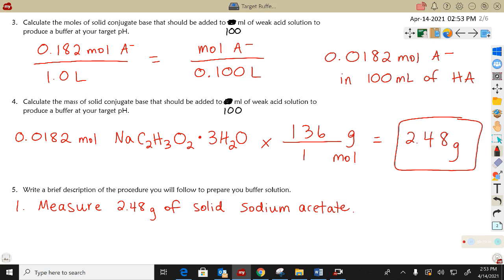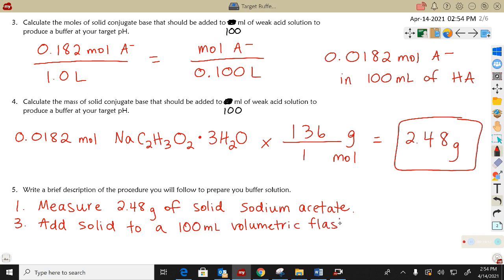Now we want to make the solution as accurate as possible, so I'm going to say in step 3, add the solid to a 100 milliliter volumetric flask.